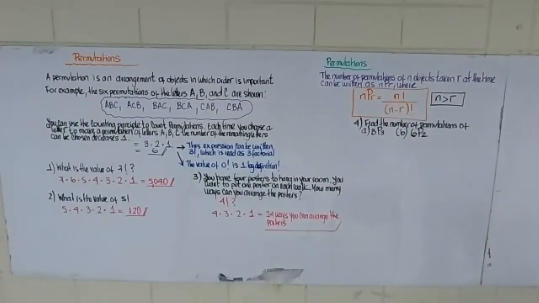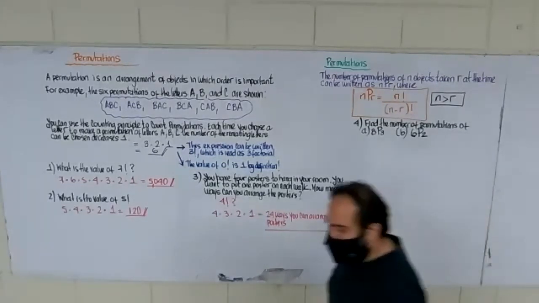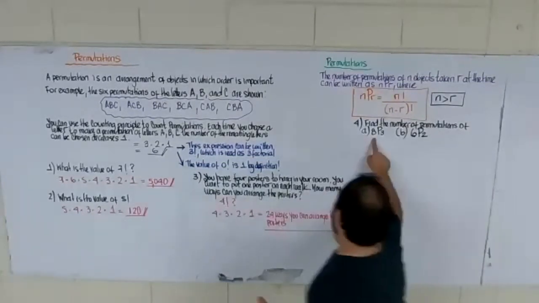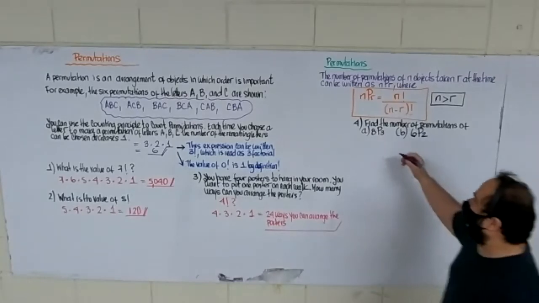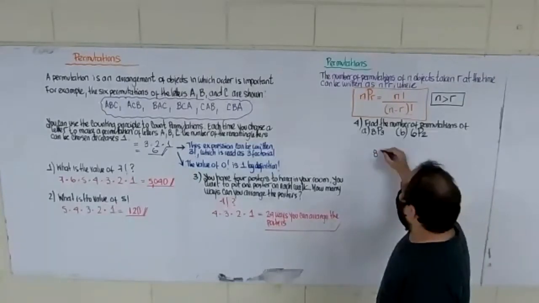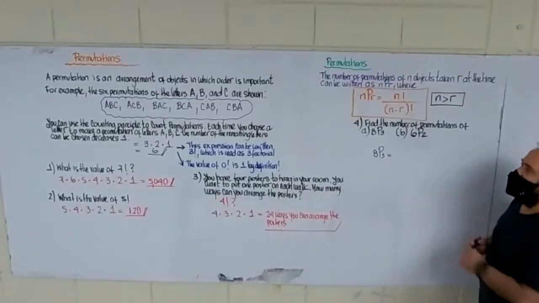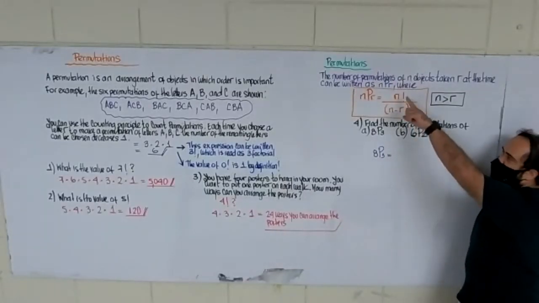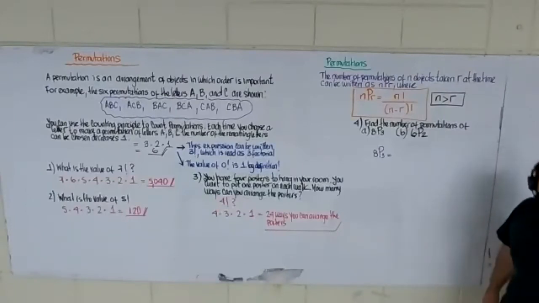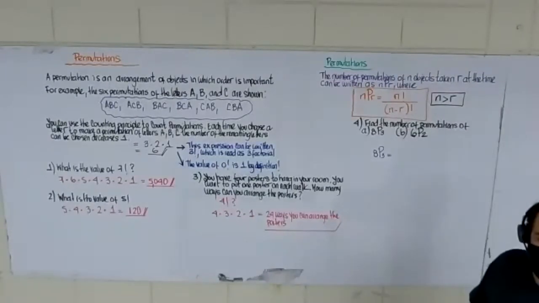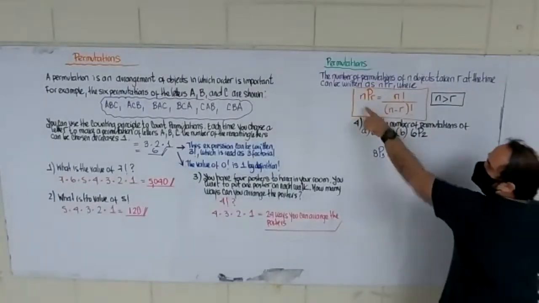All right, then. In the first problem, 8P3, we're going to calculate 8P3. Remember, we're going to apply this formula. Always N will be greater than R, as you can see.